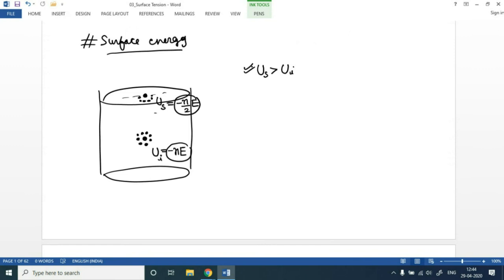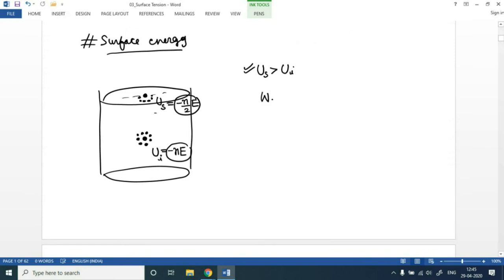Okay, that means if we want to bring any molecule from inside the volume onto the surface, we need to do some additional work, and that work done would be stored in the form of potential energy.